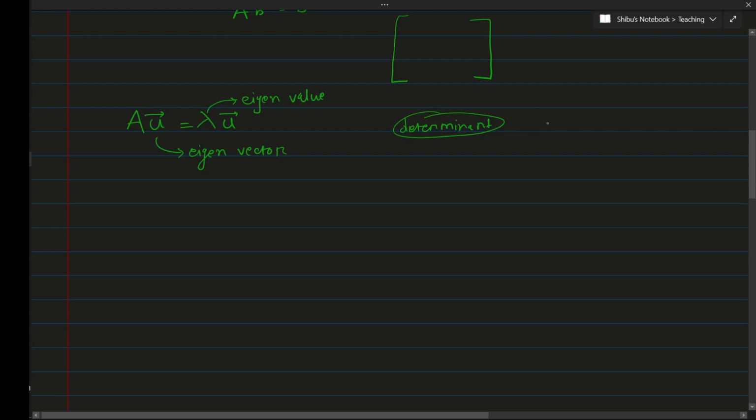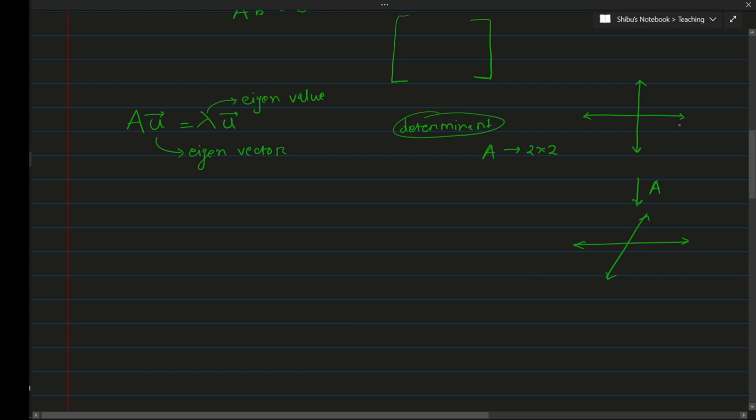So let's say A is a 2 cross 2 matrix. It is a transformation in two-dimensional space. If we give some two-dimensional space to this matrix A, then it will stretch or rotate, that is, distort that two-dimensional space. Let's say this is our initial two-dimensional space, and after transforming it with A, this is our final two-dimensional space.